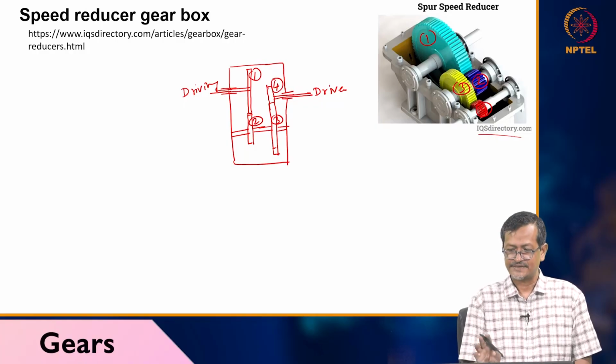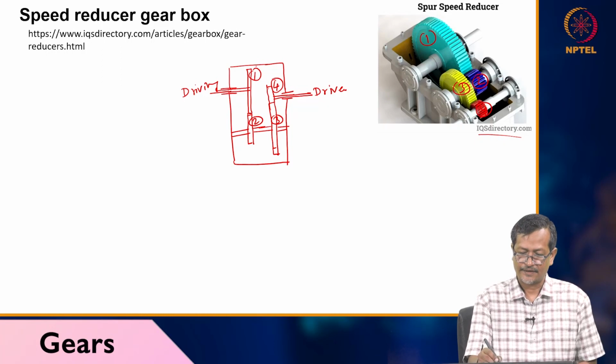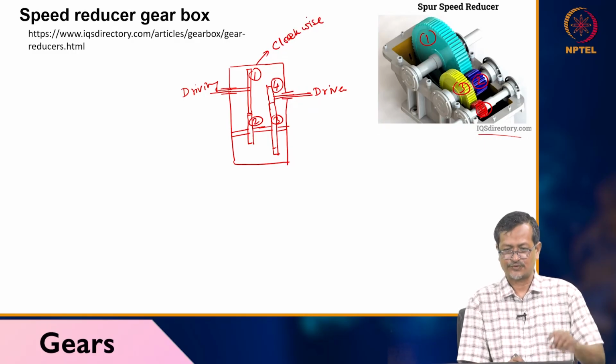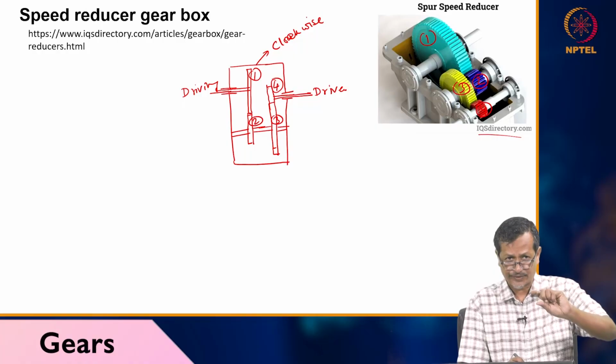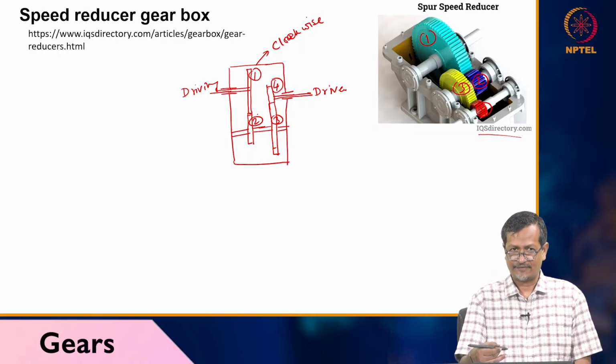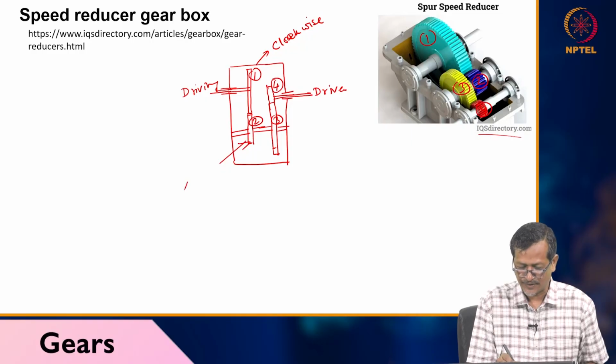Okay, now you can see the speed direction. Let's say gear 1 is clockwise, so the driving shaft is rotating clockwise, meaning gear 1 will be rotating clockwise. Gear 2 will have a different speed and the rotational direction will also change, so gear 2 will be anti-clockwise.